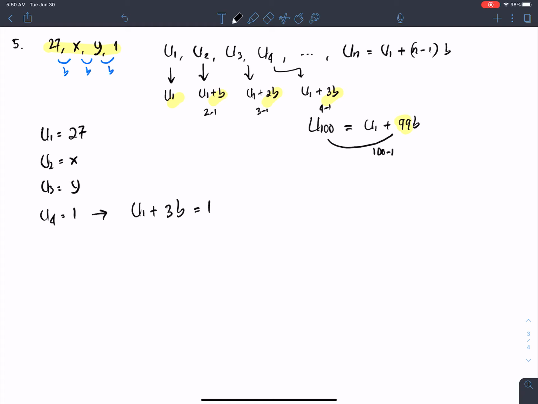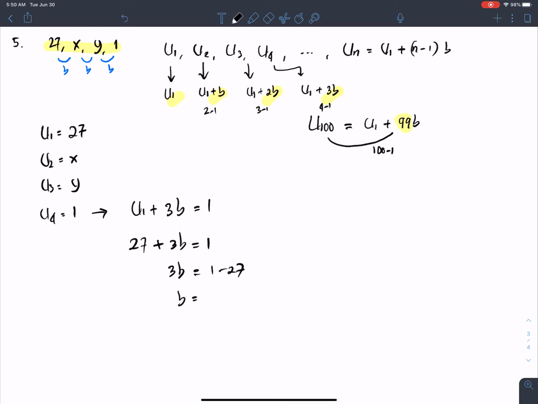Our u1 is 27, so 27 plus 3b equals 1. So 3b will be 1 minus 27, which is minus 26, and then b is minus 26 over 3.